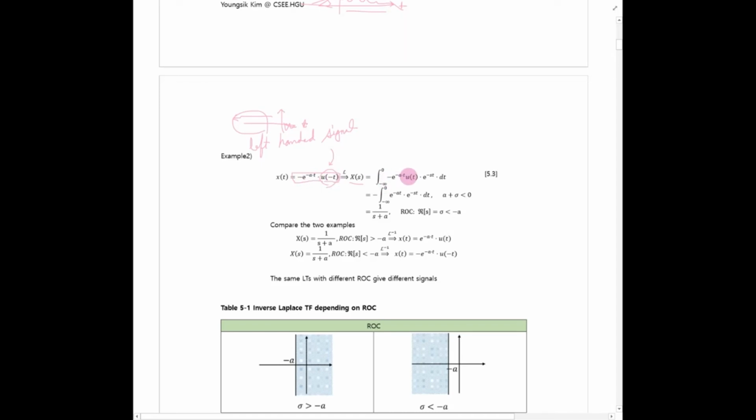We can drop this part because the integration range is limited already. So e to the minus st. Then we can do the Laplace transform in the same way. But you know what? s is sigma plus j omega.